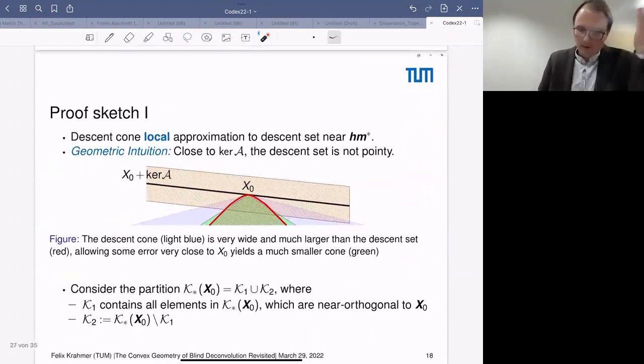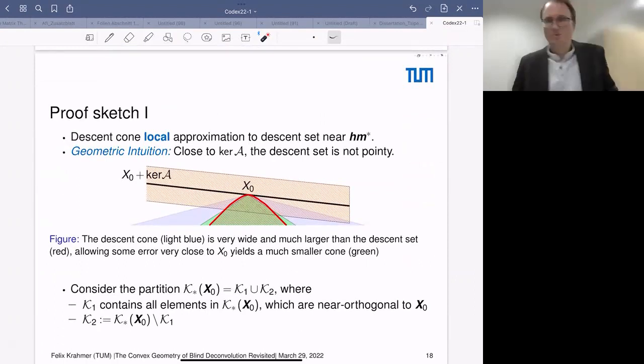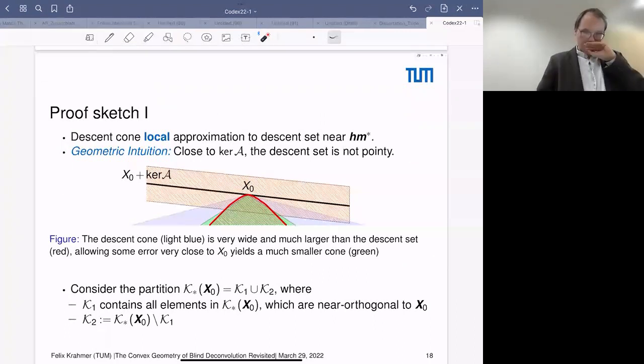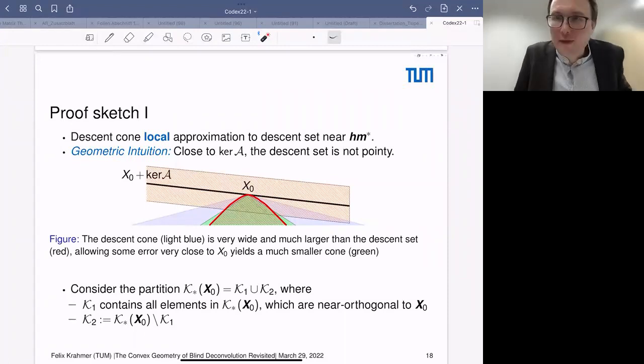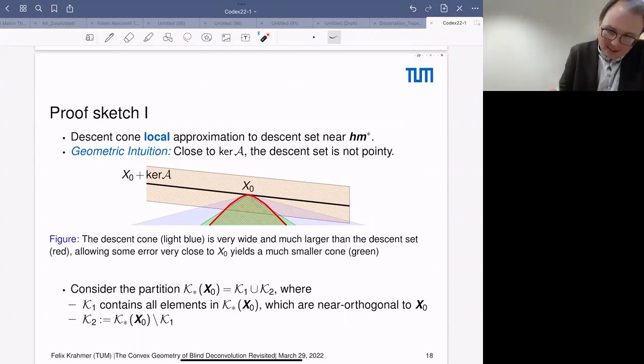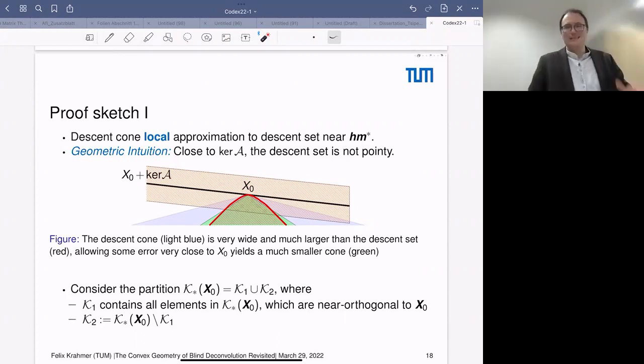The picture that you should have in mind is this here, because I deliberately showed you pictures that were inspired by compressed sensing and L1 balls, and I think many of you have seen them. I wanted to illustrate how we were thinking about this problem. But as it turns out, it looks much more like this. The descent cone with the nuclear norm is more like a cylinder.